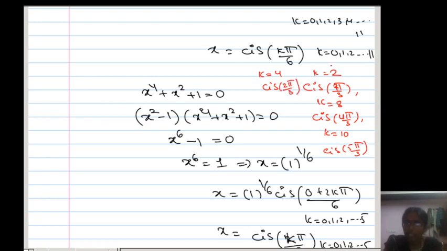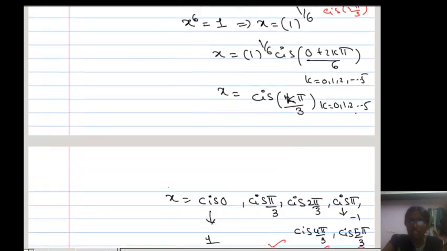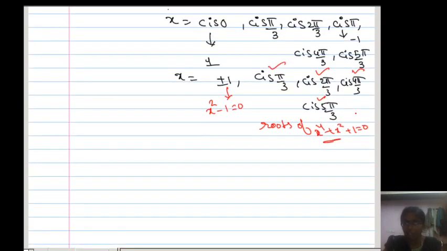So what happened in the case of k equal to 0, 1, 2, 3, 4, up to 11, if I take k values 2, 4, 8, 10, you are getting pi by 3, 2 pi by 3, 4 pi by 3, 5 pi by 3. Is it? So I think these are the common roots. For this also common.